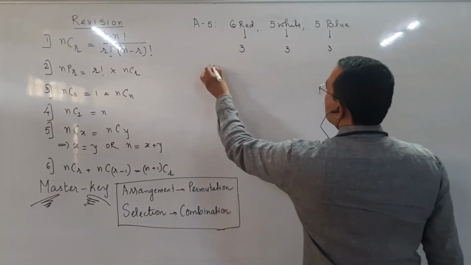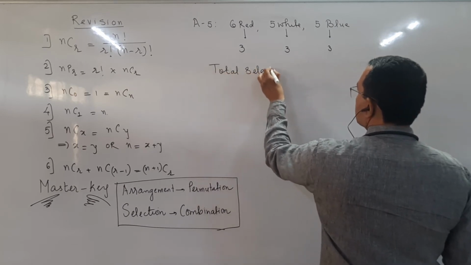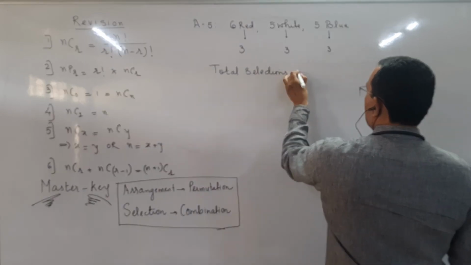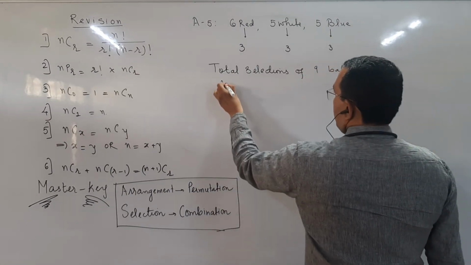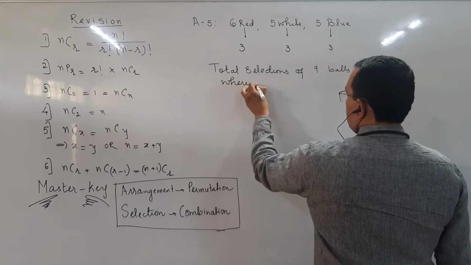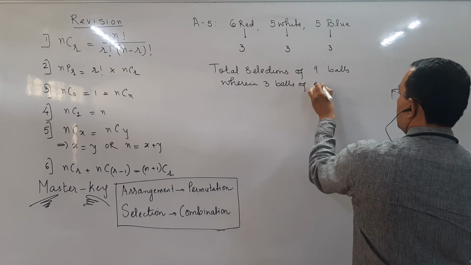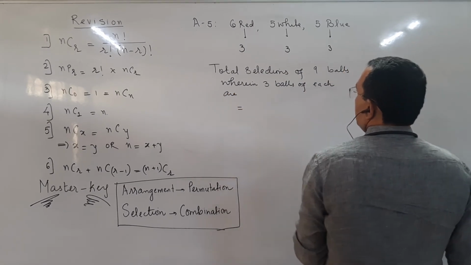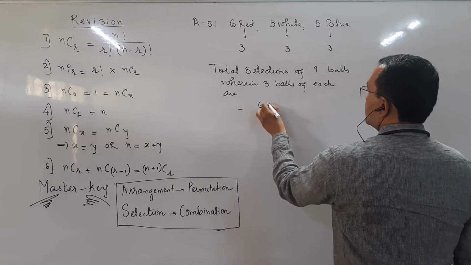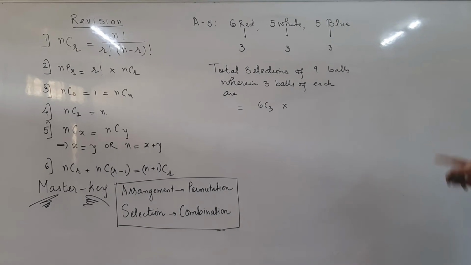So total selections of 9 balls wherein 3 balls of each color are 6C3, because 3 red, and 5C3 for 3 white, and 5C3 for 3 blue.